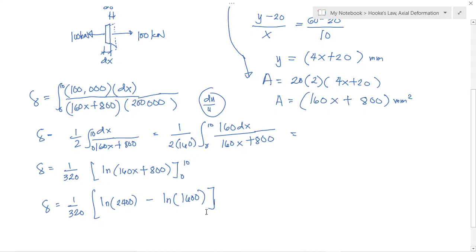So, ito lang pala yun. Okay, so that is equivalent to ln of 800. So, ln of 800.